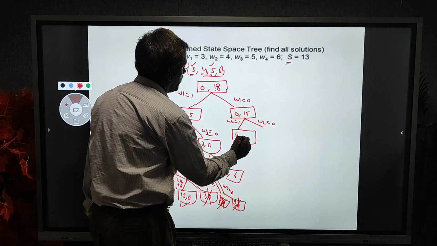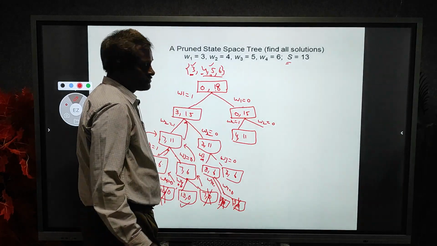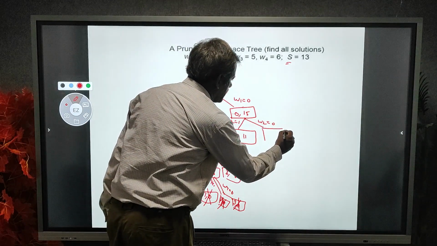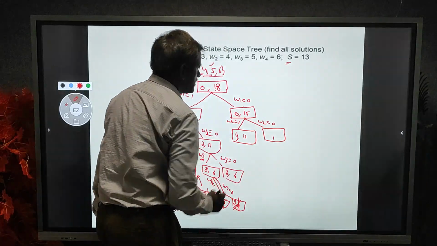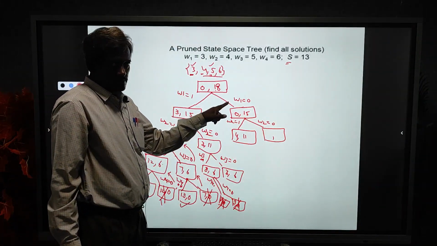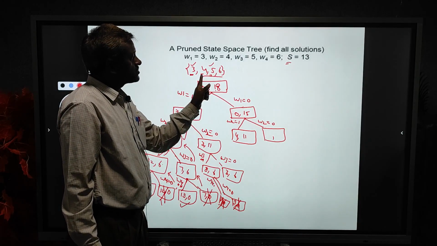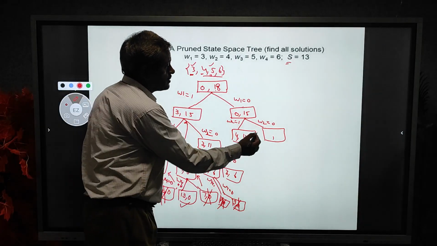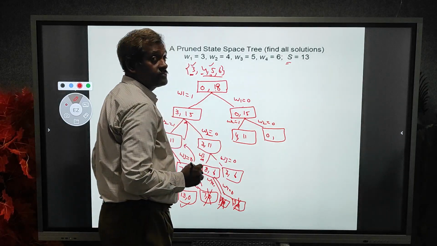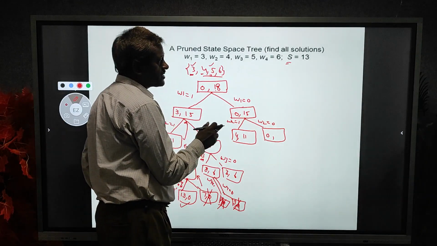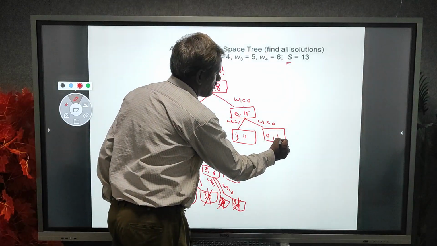That is going to be 5 plus 6, that is 11. If I am not going to consider W2, that means in this case I am not considering W1, 3 I am not considering, 4 also I am not considering. So what remains is going to be 0, because I am not considering. 5 plus 6 is going to be 11.